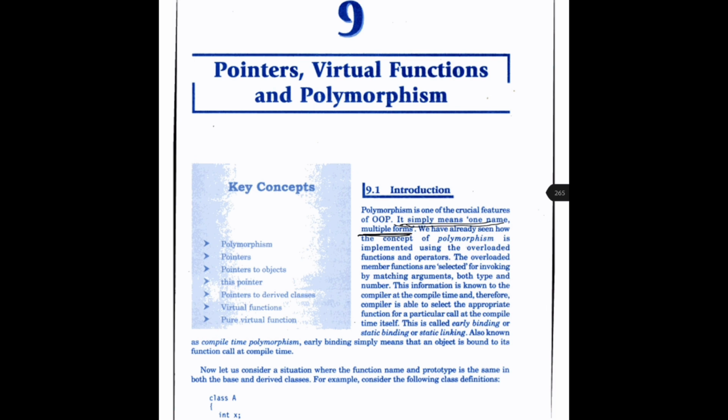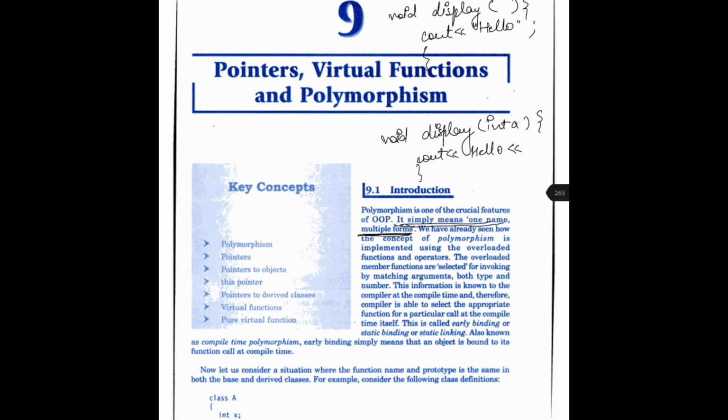So for example, if I have two functions, let's say display, the first display does not take any argument and does not have any return type as well, and in this we are just printing hello. Okay, then let's say we have another display function which has one parameter in the argument list and return type as void, and we are printing hello plus a.